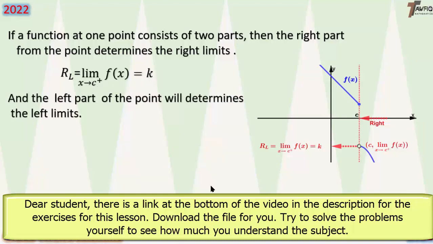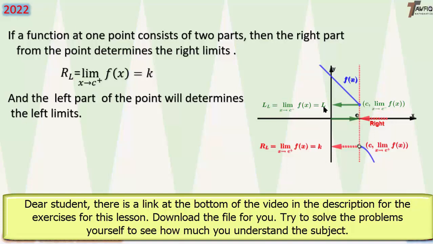And now, the left part of the point will determine the left limit. Here, this gives us the left limit. The limit when x approaches c from the left of f(x) is equal to L. This point is c, and the limit when x approaches c from the left of f(x).